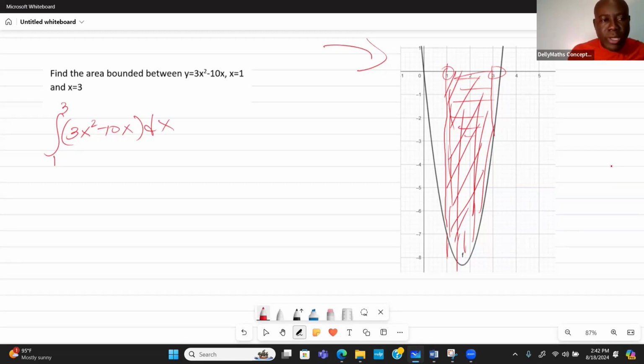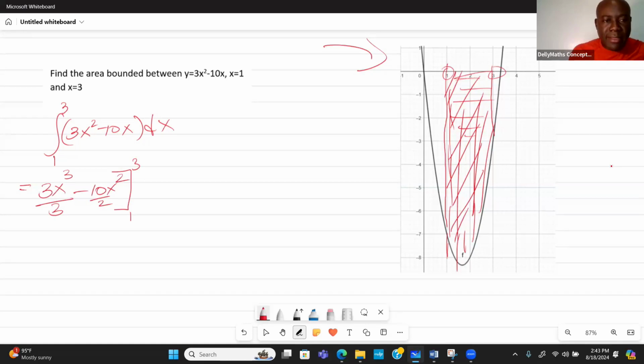What we're going to do now is integrate this quickly. Remember the idea behind integration. So this is going to be 3x to the third over 3 minus 10x squared over 2 plus c, but we're not going to have any c, right? And then this is from 1 to 3.